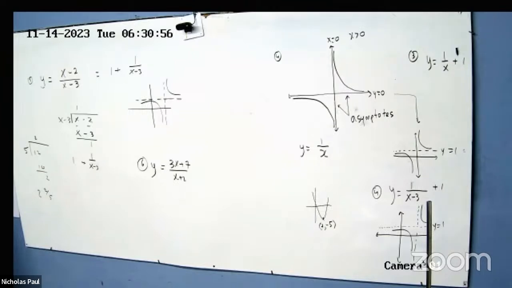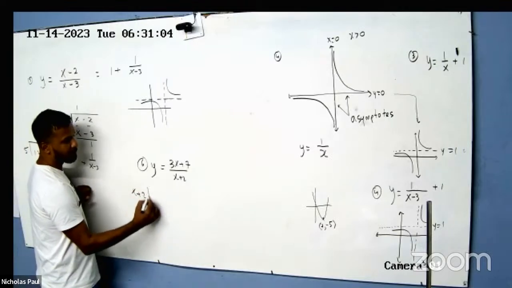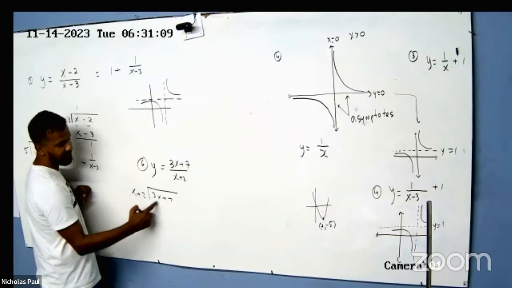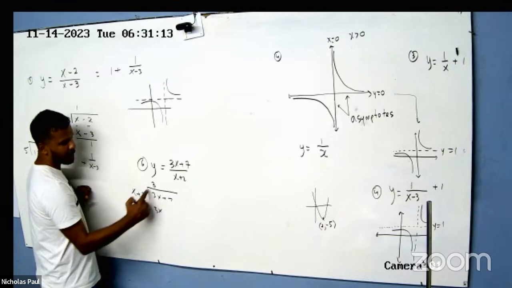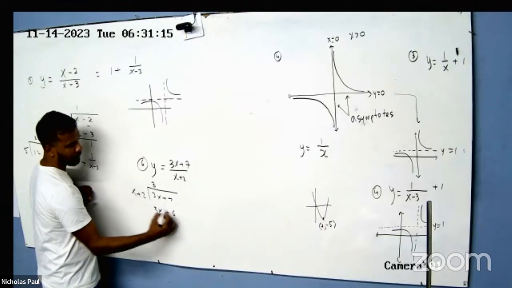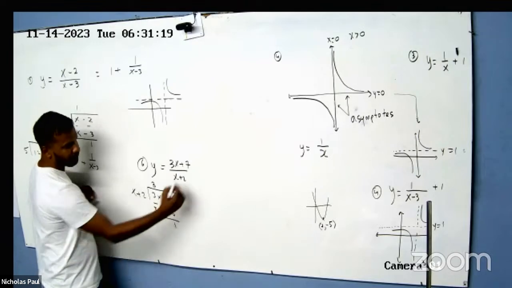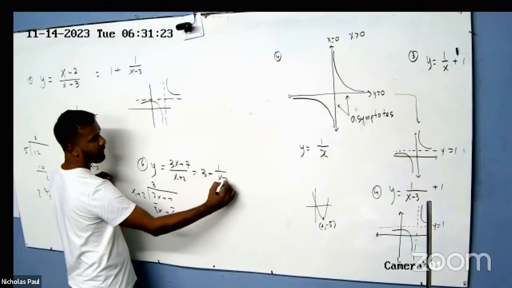Alright, so when you long divide, x plus 2 into 3x plus 7: x into 3x is 3, 3 by 2 is 6, minus 6, 1. So your answer is 3 plus 1 over x plus 2.